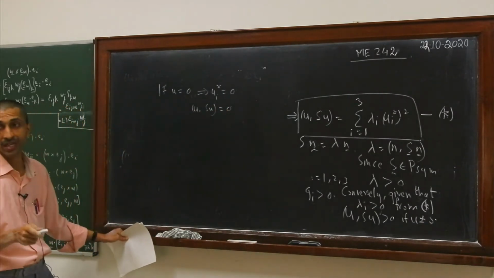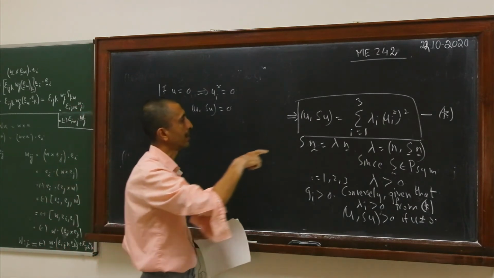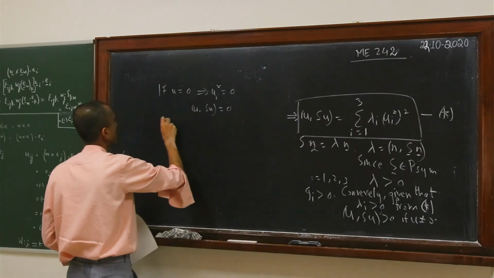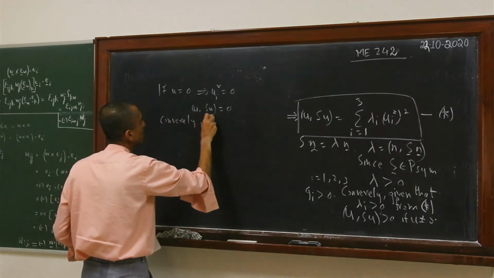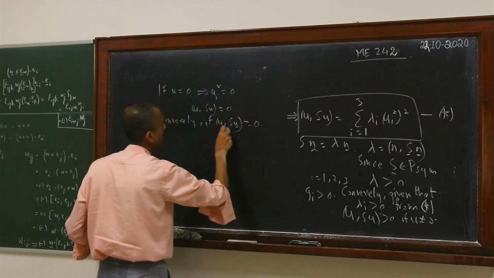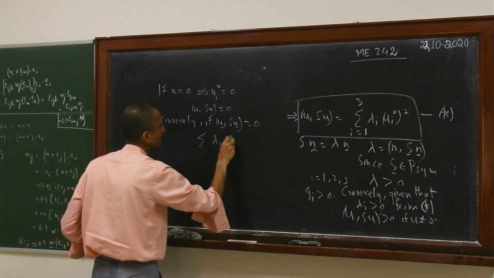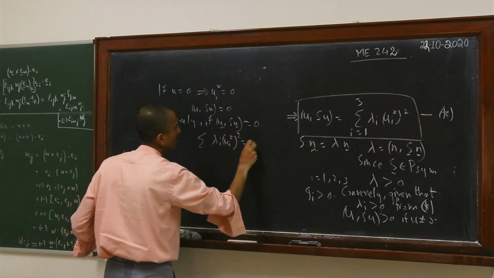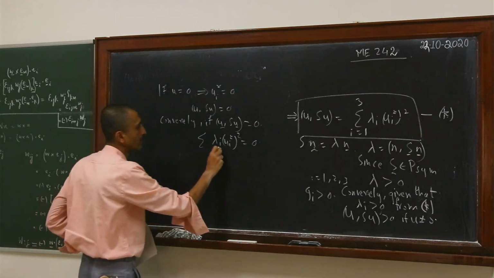Now conversely, if (u, Su) is equal to 0, then that means the summation of λ_i (u_i*)² is equal to 0. And now λ_i is positive.